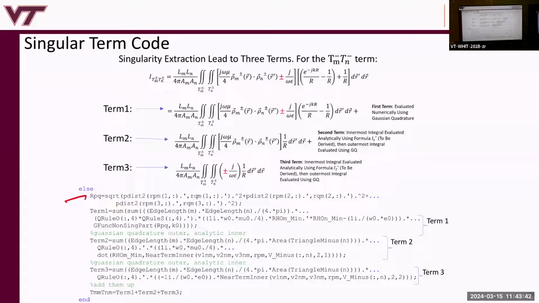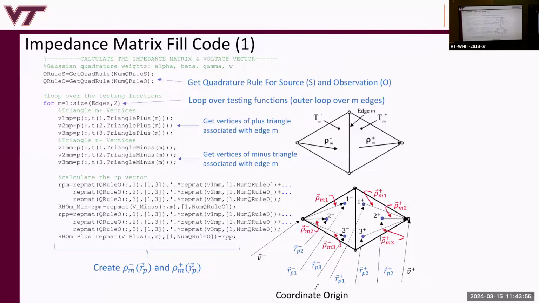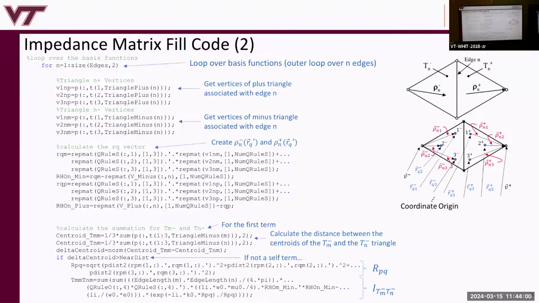First, we calculate RPQ. So this else statement comes from the previous code, where we had an if near distance. So here's the impedance matrix fill code. We start with looping over M, then dot, dot, dot, looping over N. And we had if delta centroid is greater than near distance.